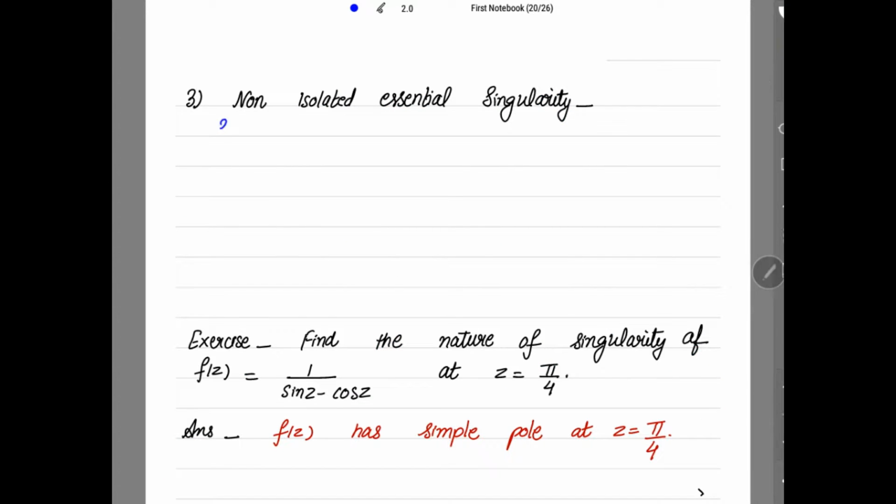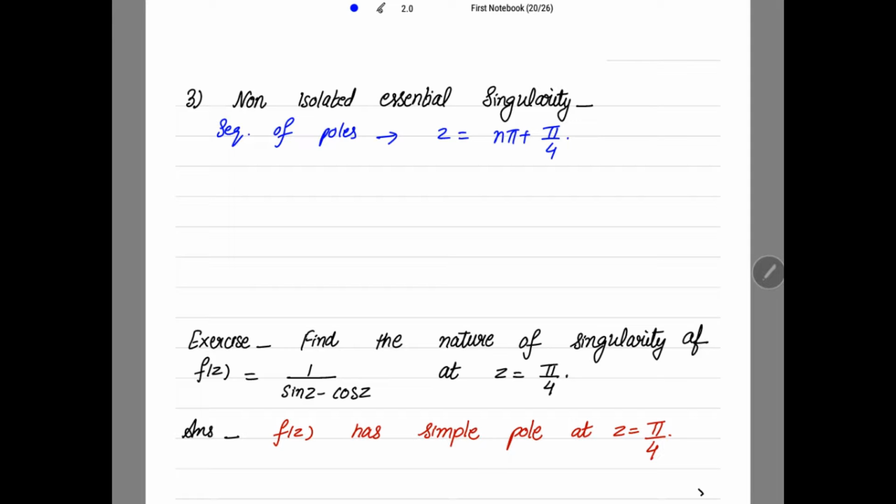The sequence of poles we are having are, yes, at z equal to n pi plus pi by 4, right? Pi plus pi by 4, 2 pi plus pi by 4, 3 pi plus pi by 4, so many infinite number of poles I am having, right?